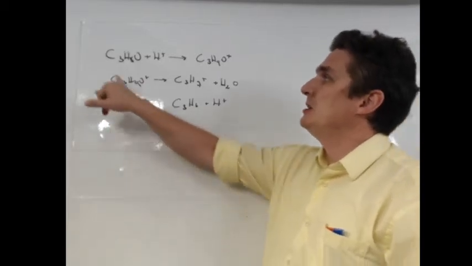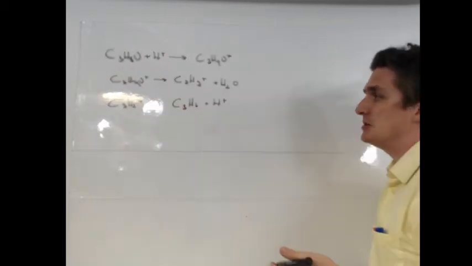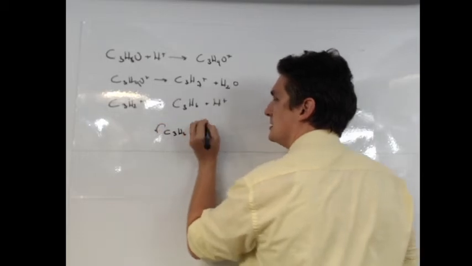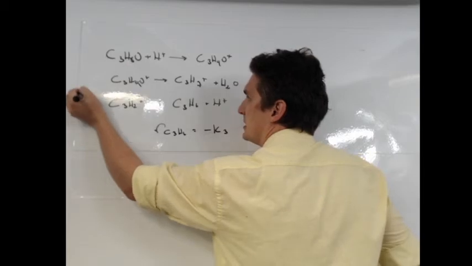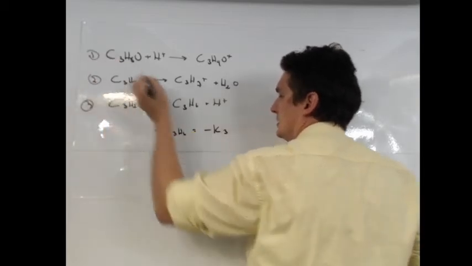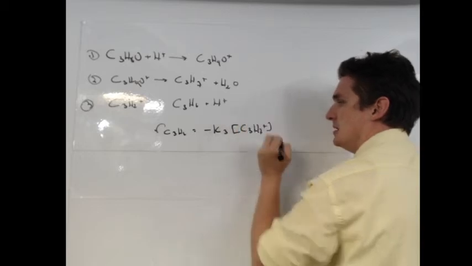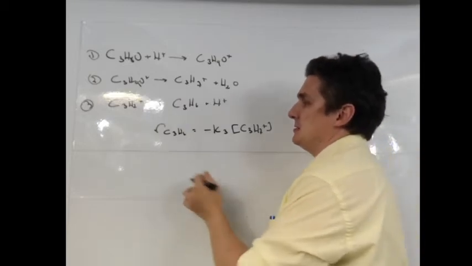So if you want to write the rate law for the consumption of C3H8 and H+, that's easy. But let's say you want to describe the rate of C3H6. Well, that's minus k. I'm going to put 3 because this is the third reaction. Concentration of C3H7+. The thing is, C3H7+ is not something we put in the reactor.